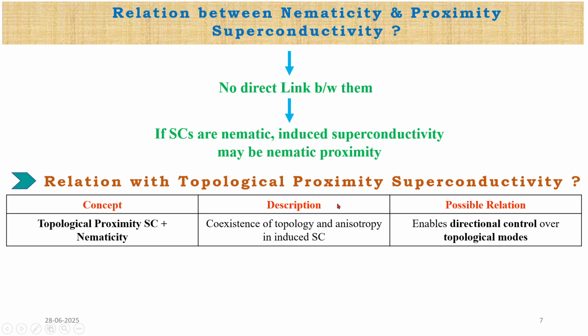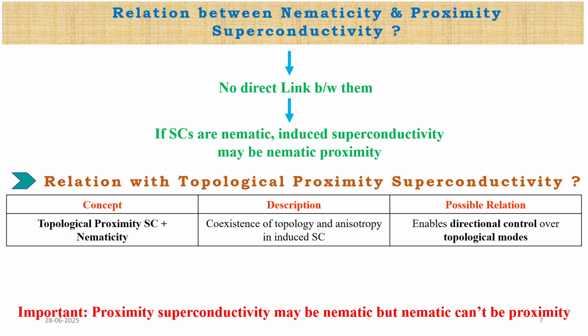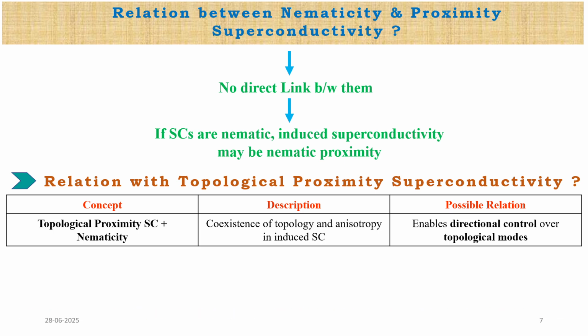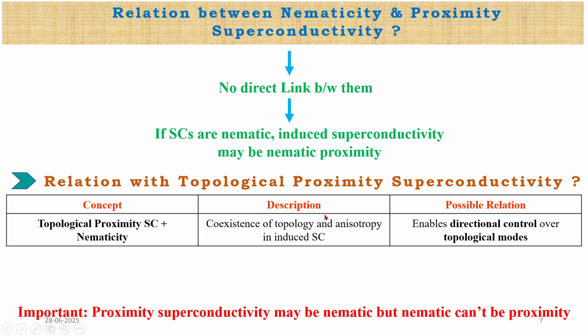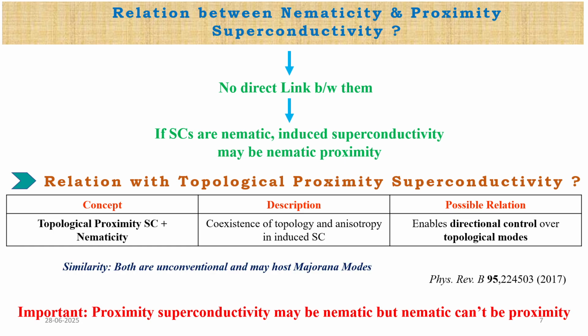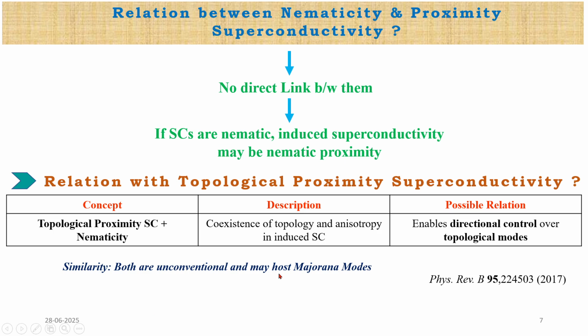That means if the material is a nematic superconductor and we measure the superconductivity in different crystal axis directions, either longitudinal or transverse, this also shows the proximity as well as the nematic superconductivity results. The similarity is that both are unconventional mechanisms, they do not follow the BCS mechanism, and they may host Majorana modes.